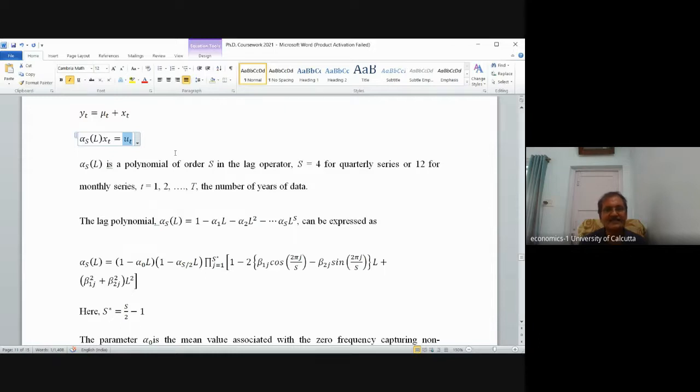Now, what is interesting in their methodology is that they define the same lag polynomial by using the spectral function, like this.